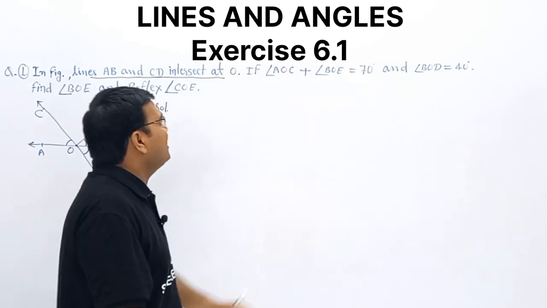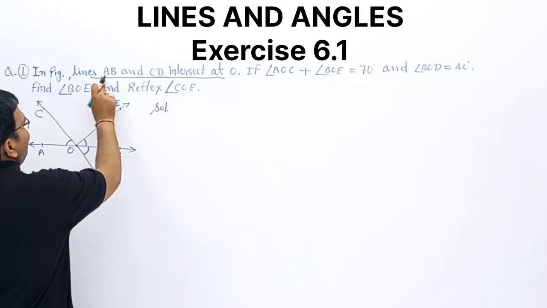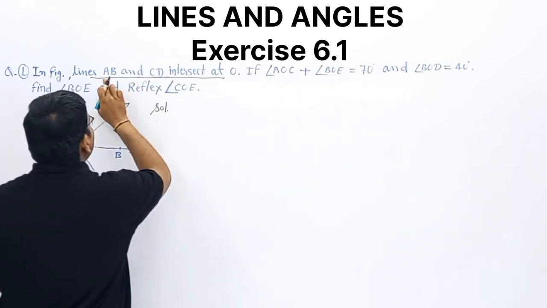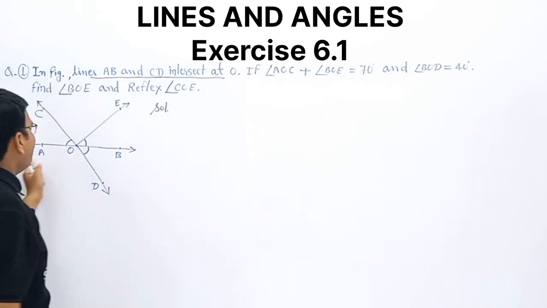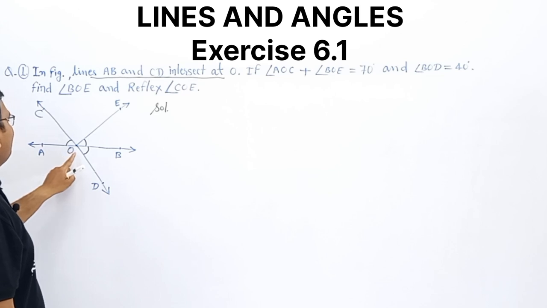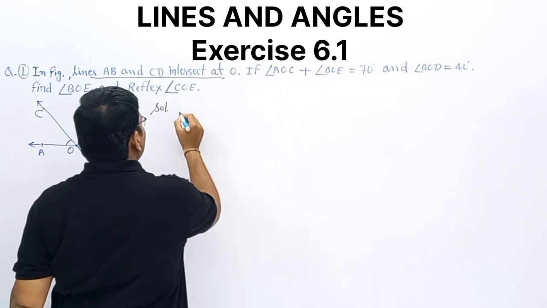What do we have in this question? Mainly we have two things. First, AB and CD intersect at O. AB and CD are intersecting lines, and they are intersecting at a point O. Clear? Next thing we have is this.